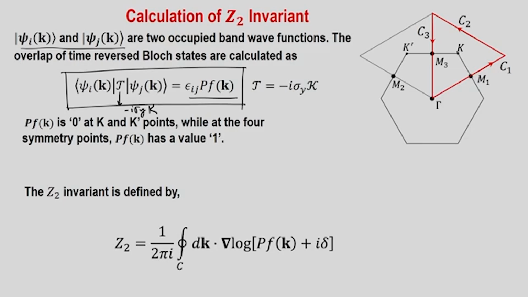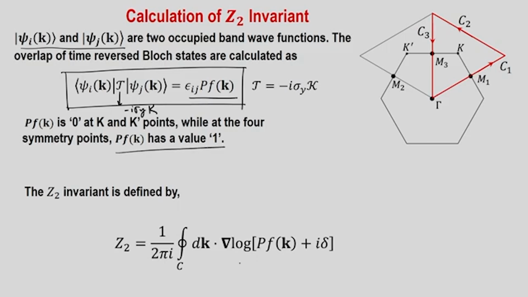In fact, if you calculate it over this entire rhombus, which is that red triangle plus the black triangle, then the Pfaffian would come out to 0 and the topological invariant will not be there. Okay. But if you calculate it only over half the triangle which is denoted by red, which are the C1, C2, C3, then it has a value equal to +1.